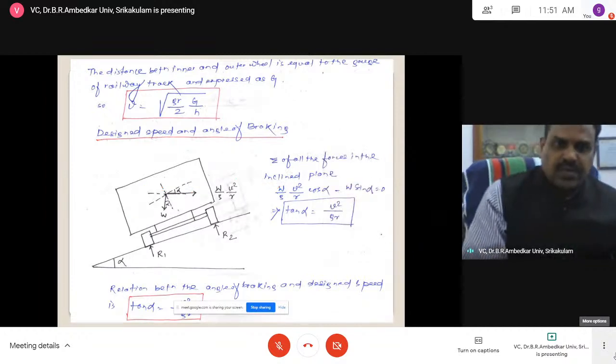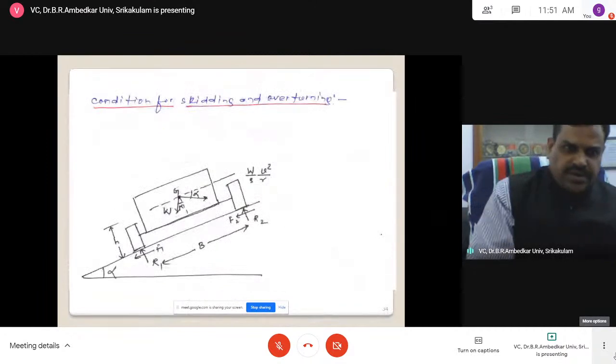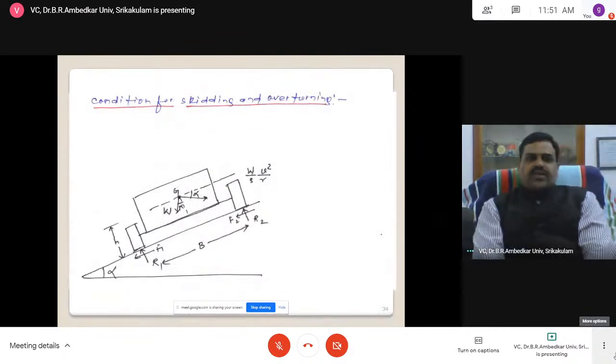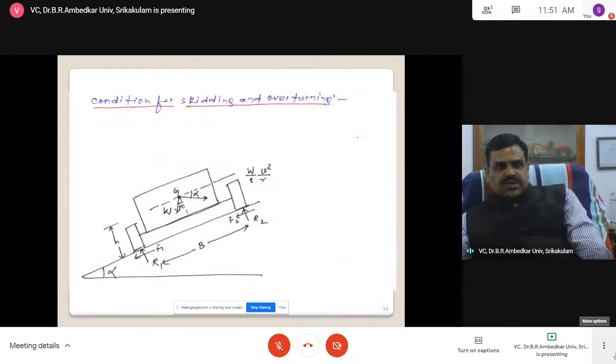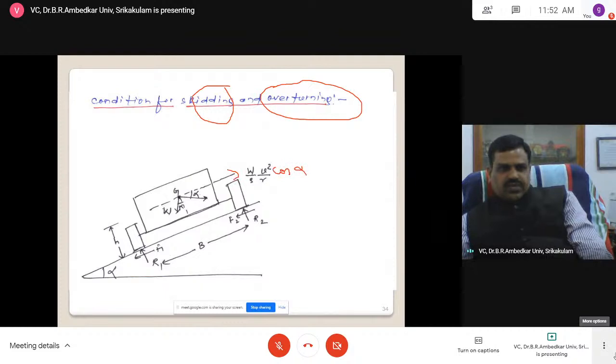Now the conditions of skidding and overturning. These are the two more conditions we'll get in the analysis: skidding and overturning. Same previous problem only. In this direction it is W by G V square by R cos alpha, whereas this is W sin alpha.